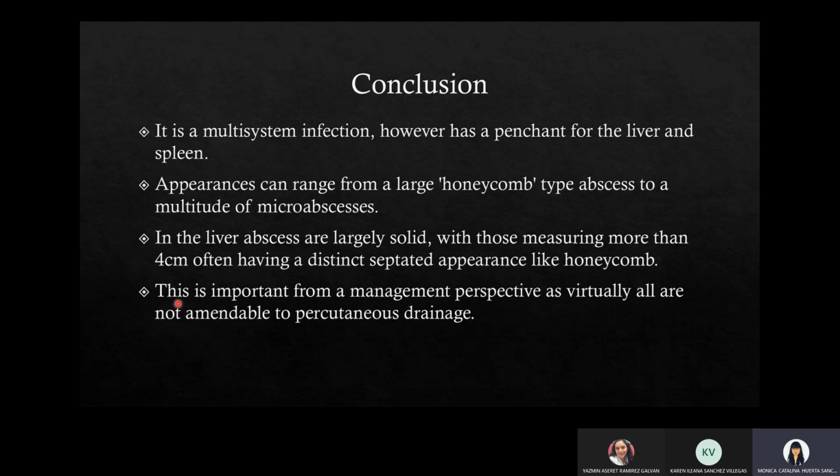And in the liver, the abscesses are often largely solid and very big. They can be septated with the appearance of a honeycomb. And this is important for the management of the patient because virtually all are not amenable to percutaneous drainage. So that's the reason why our interventional team could not get sufficient sample for the diagnosis.